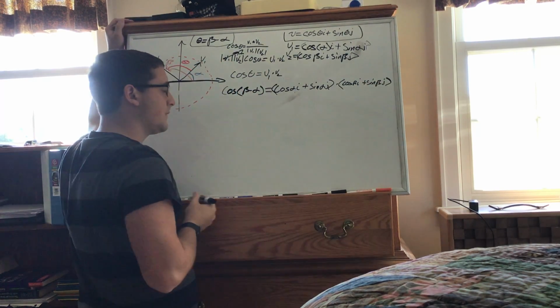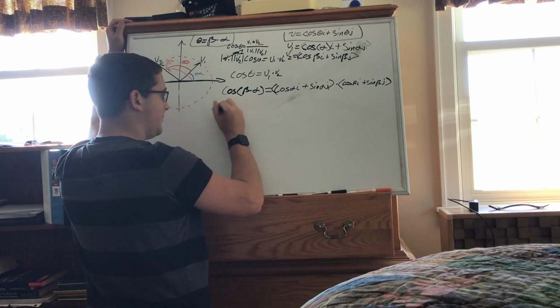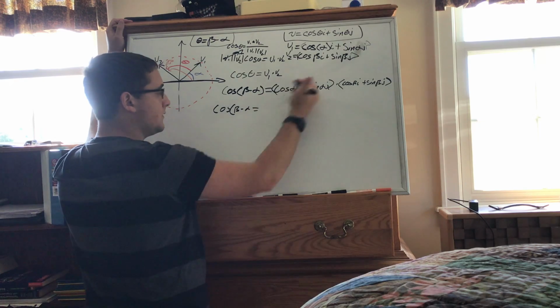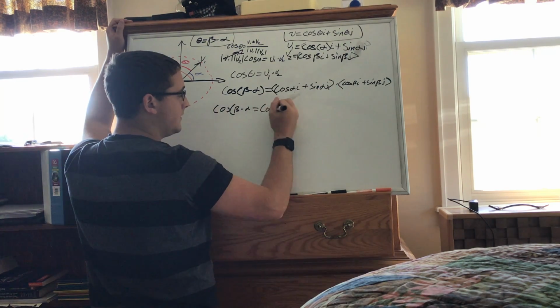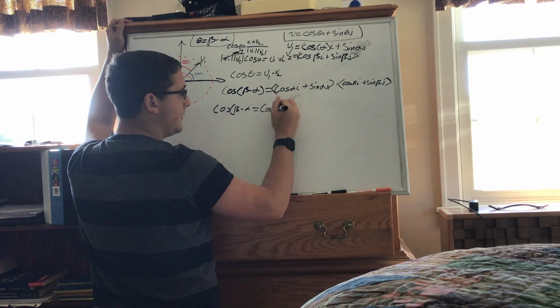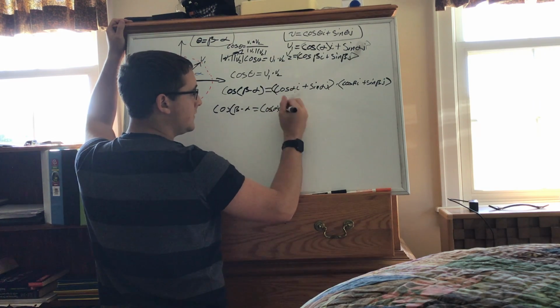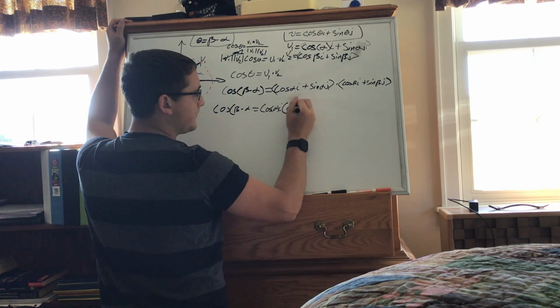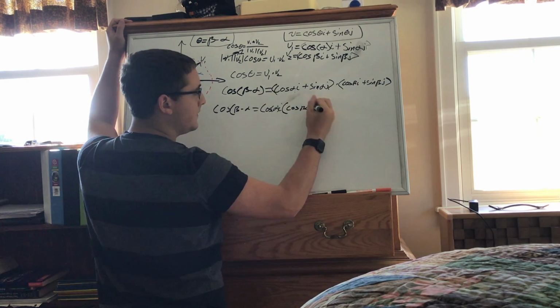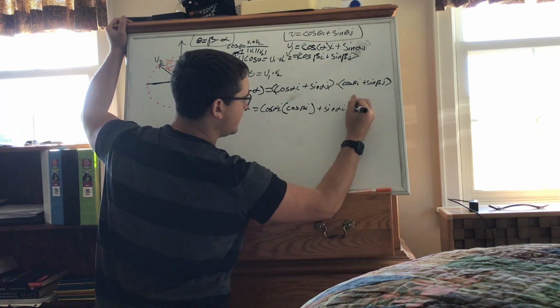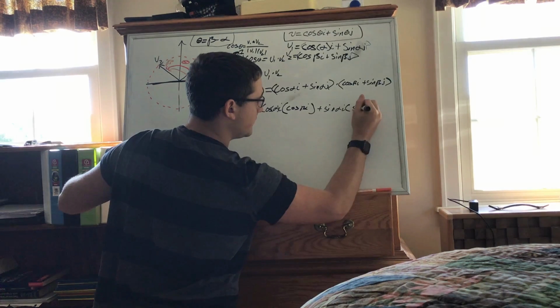Then when we do the dot product, we end up with cosine of beta minus alpha equals cosine alpha times cosine beta plus sine alpha times sine beta.